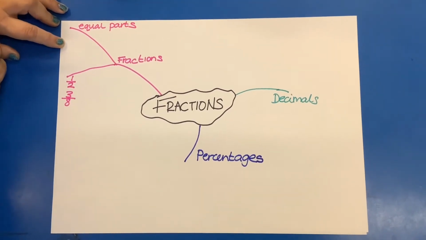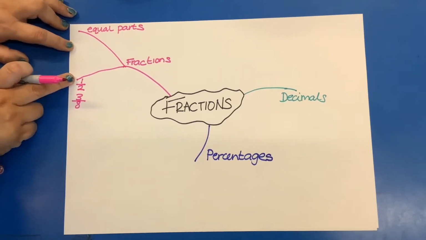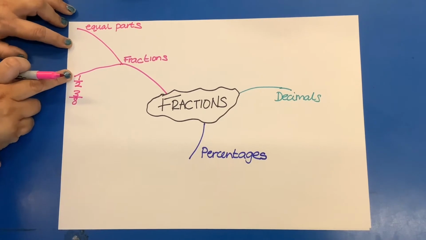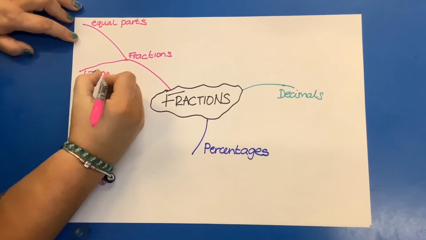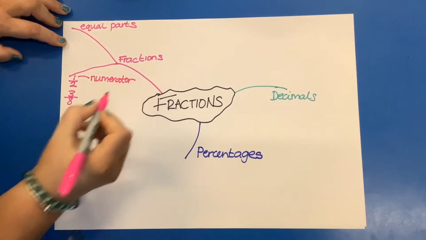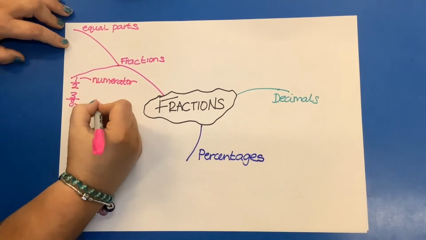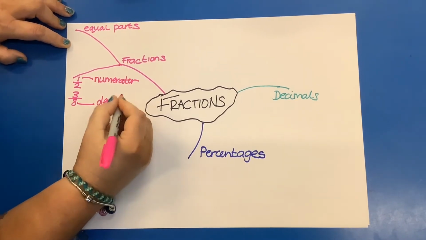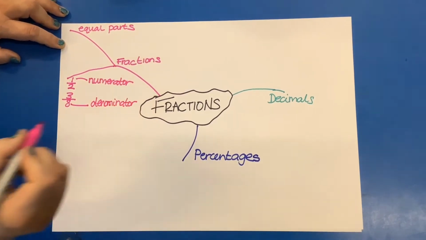Now, you might know what this top number is called. I'm hoping that by now in year 5, you'll know that this top number is called the, hoping everyone's calling out, numerator. And that the bottom number is the, we say this in a voice, denominator, because that's going to help you remember that the denominator hopefully is at the bottom.